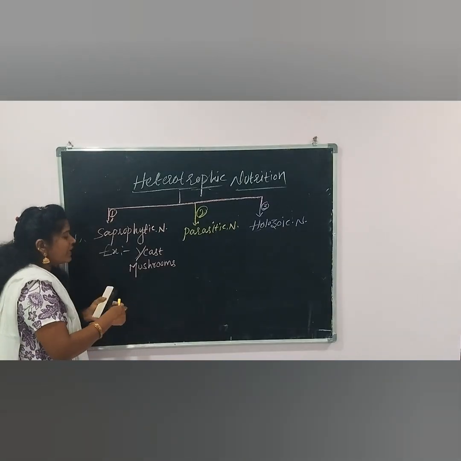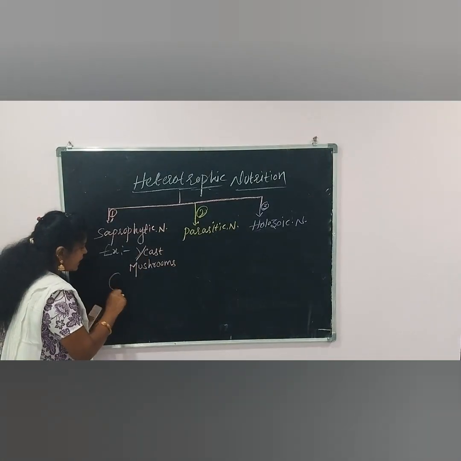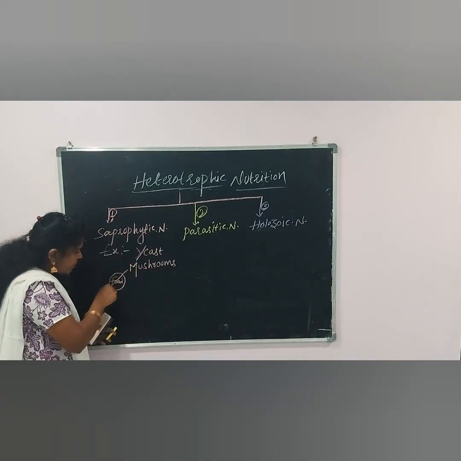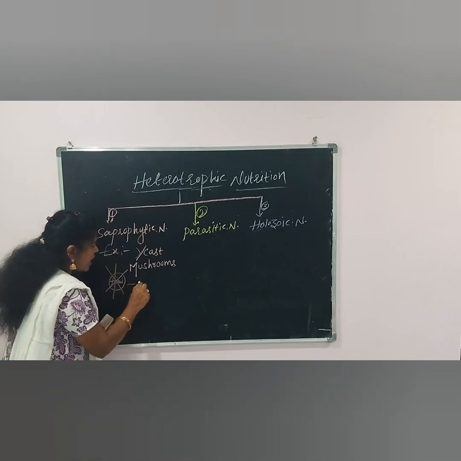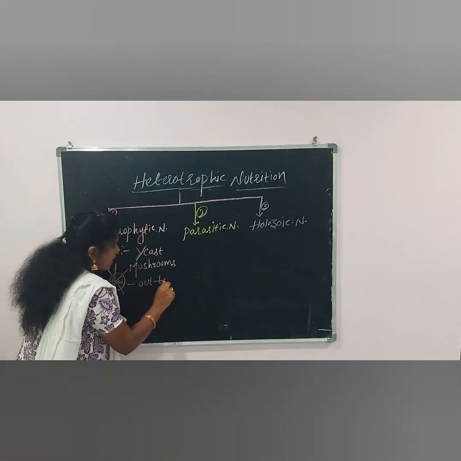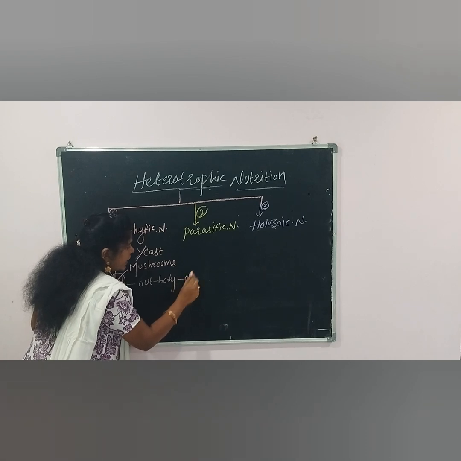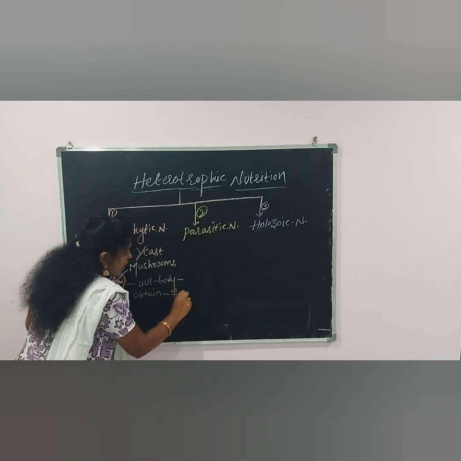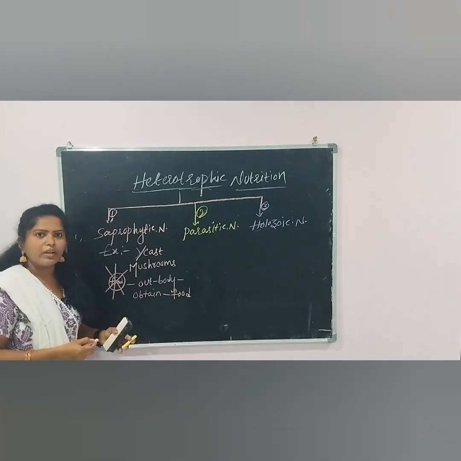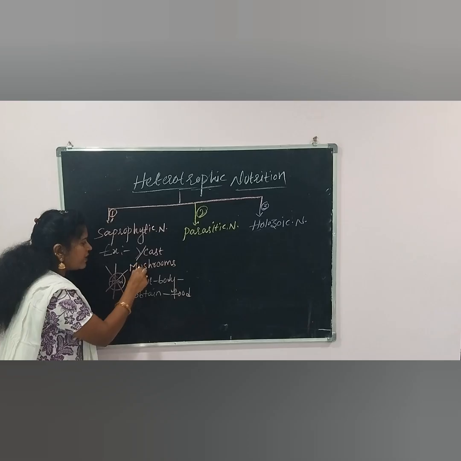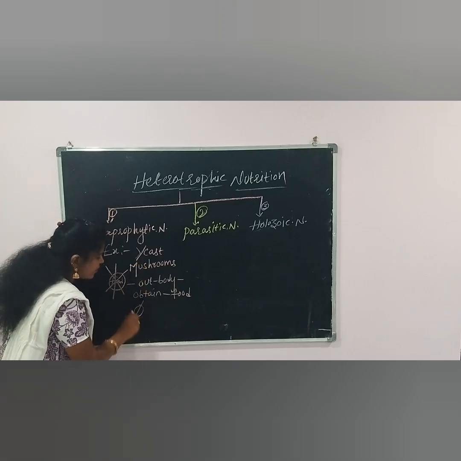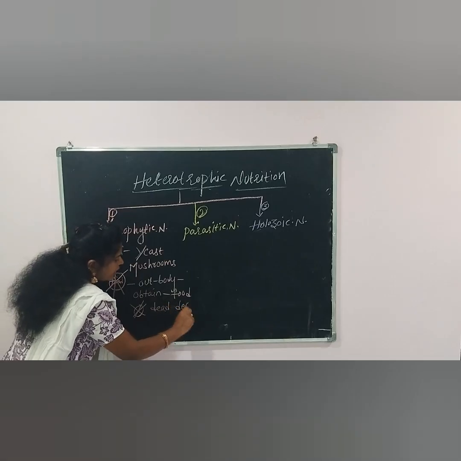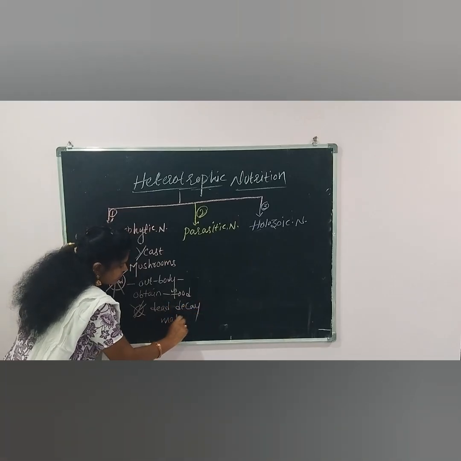Let us see. These organisms break down the food material outside of the body, then obtain the food. How do they break down the food material? These organisms release enzymes on the dead and decaying matter.